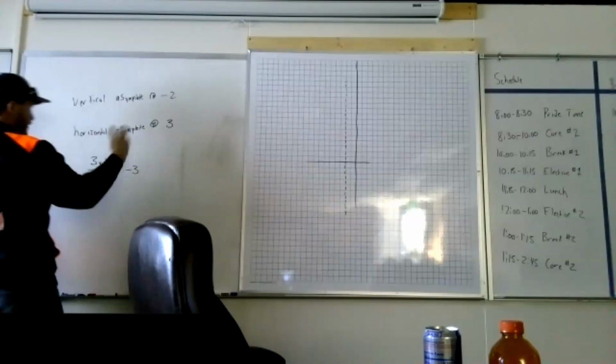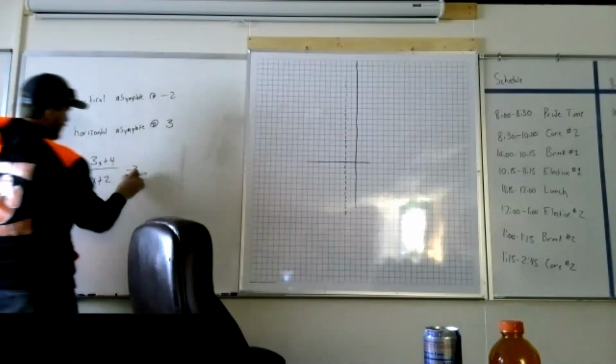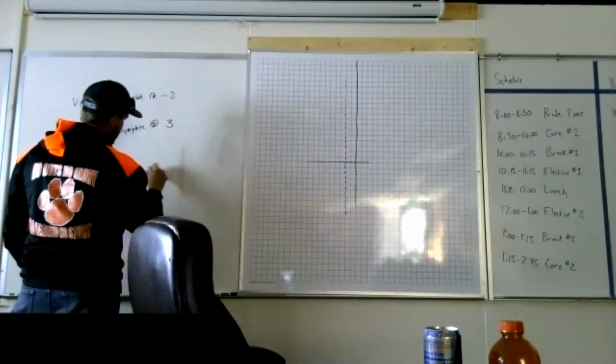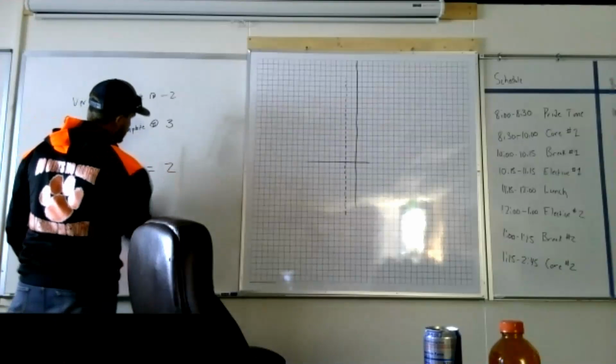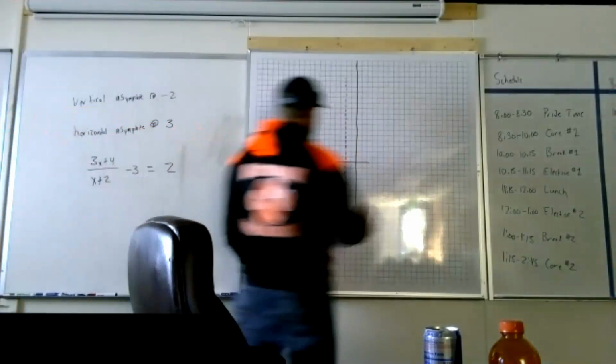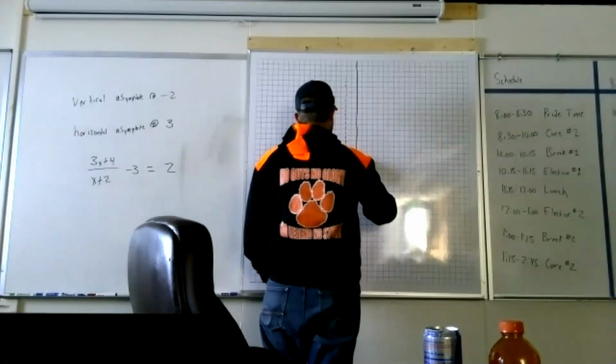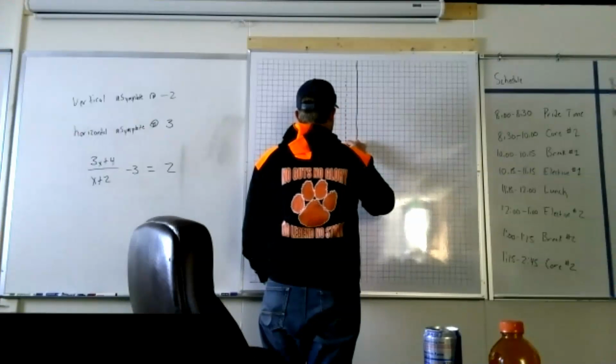So -5 divided by -1 is going to be a positive 5, minus 3 is 2. So that point is going to be right here.